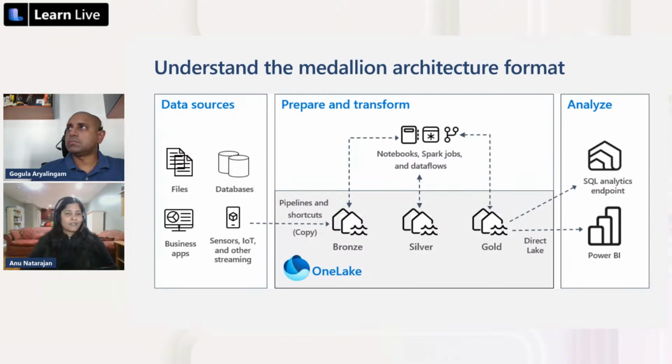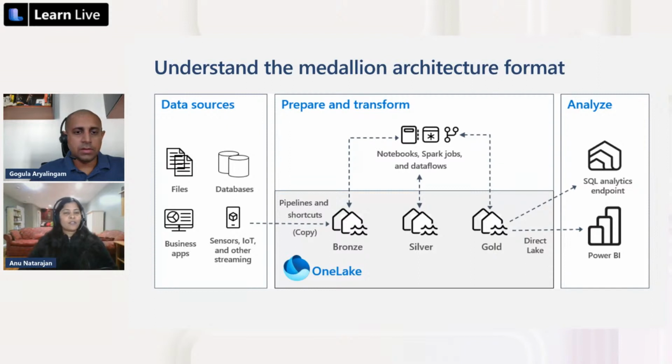All this data, if you're familiar with Fabric, ends up in what we call OneLake. OneLake, if you recollect, is basically the OneDrive for data. Pretty much like how we have OneDrive as a centralized repository for your files, OneLake is similarly a centralized repository for your organization's data.